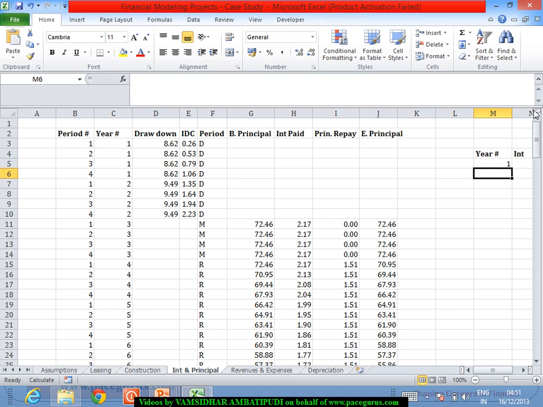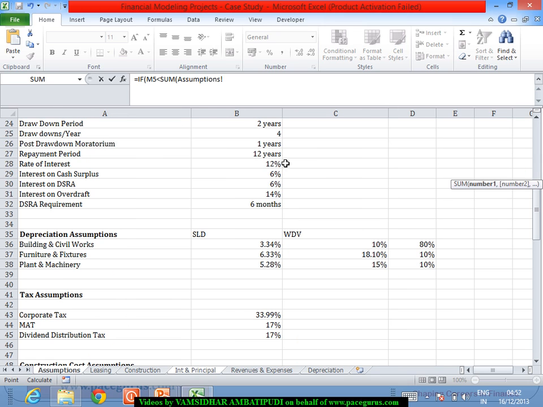I will typically check if the above number is less than the summation of all the 3 years: the drawdown period, comma, the moratorium period, comma, the reinvestment period.